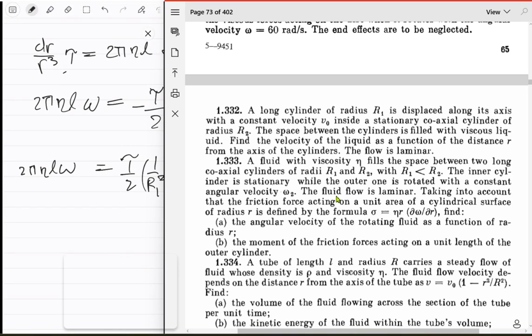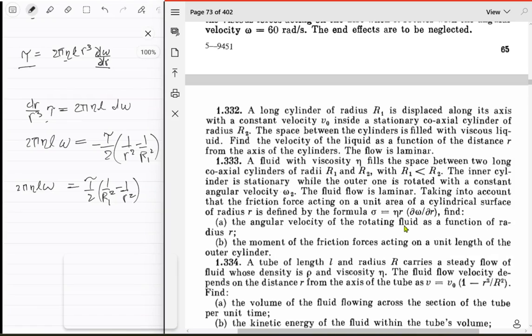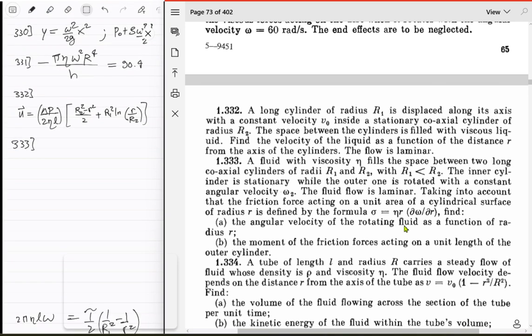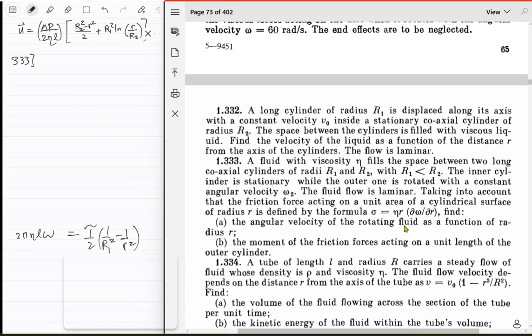So what do you want, by the way? So angular velocity as a function of the radius, that we got. Oh, and the outside is actually rotating with omega 2, right? So when you put R equal to R2 over there, you just get omega 2, right?